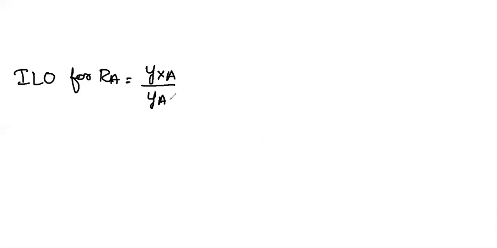Next, we are going to find the influence line ordinate for the point RA. If you want to find the influence line ordinate for the reaction, it will be like the deflection at any section X due to the unit load applied at the point A, to the deflection at A due to the unit load applied at the point A. So see, this is your point A and this is your point B. So far this is your influence line diagram.